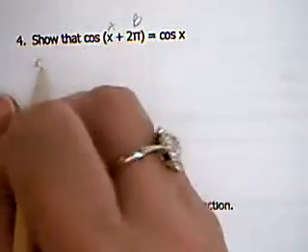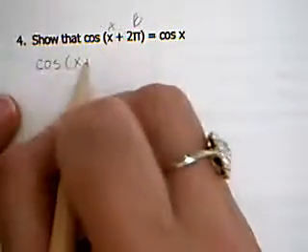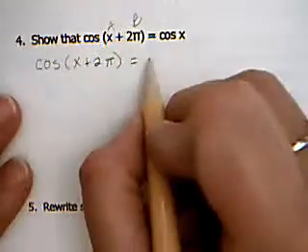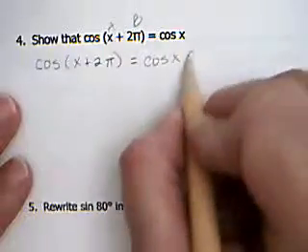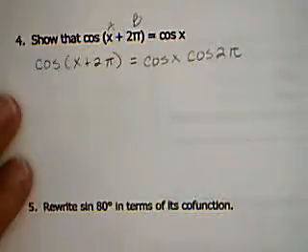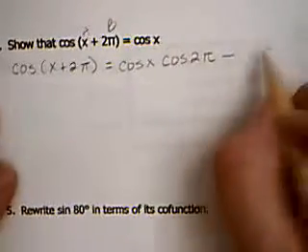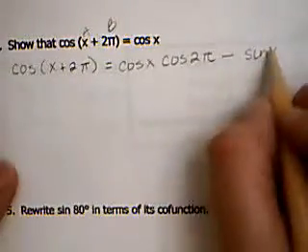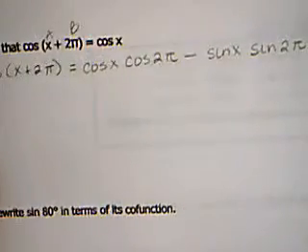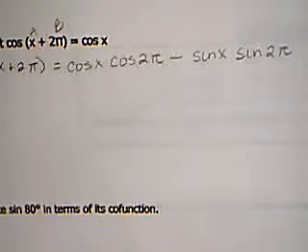So I could say that the cosine of x plus 2 pi is equal to the cosine of x times the cosine of 2 pi, and I'm just using that very first formula on the front, minus the sine of x times the sine of 2 pi. Okay, so that's just using our identity.